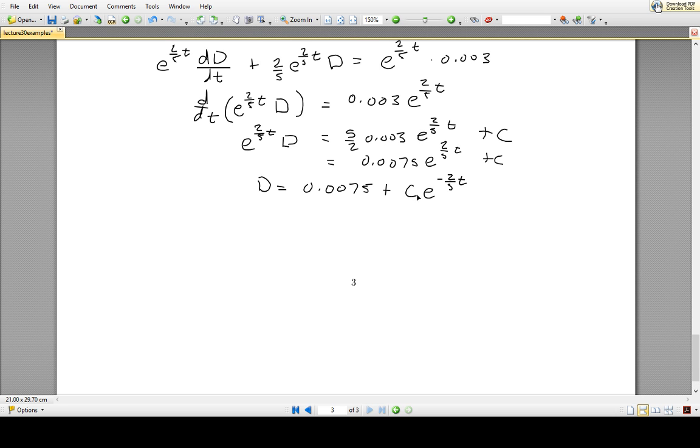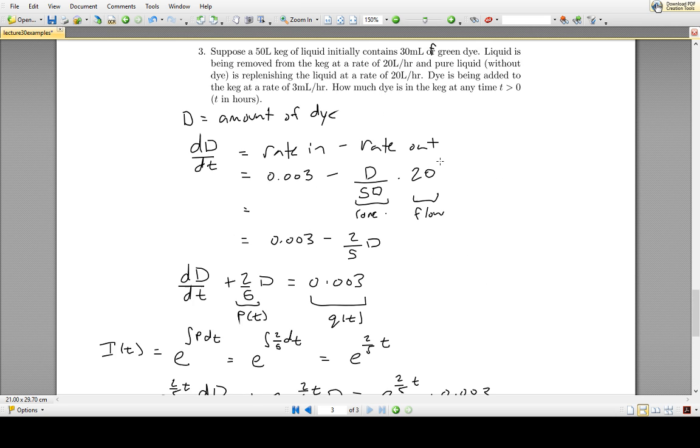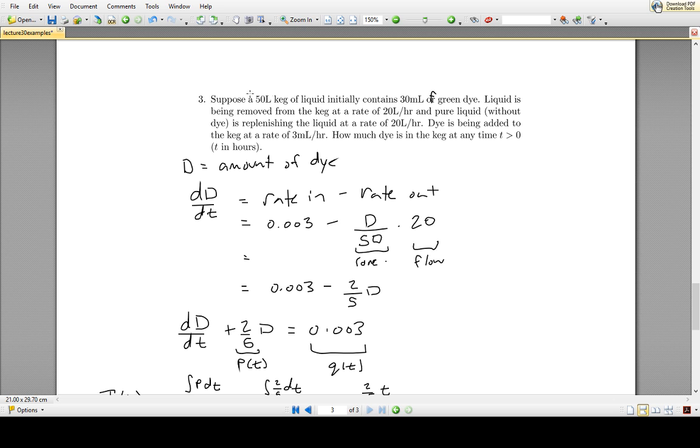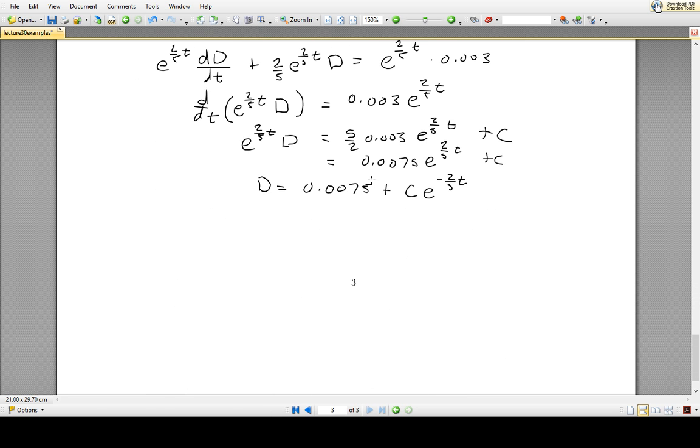However, I don't know what this constant is. I was given initial information that the keg initially contains 30 milliliters of green dye. So when time t equals 0, I'm supposed to have 30 milliliters in there. So plugging t equals 0 into my formula, I have 0.0075 plus c times e to the power of negative 2/5 t, which is e to the power of 0 when t is 0.